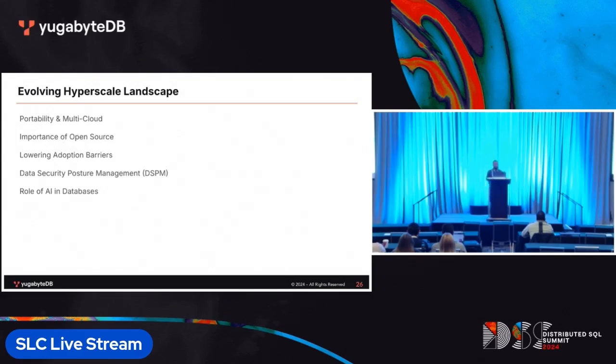All right. Looking into the future, in terms of the hyperscale landscape as it relates to distributed SQL, the first thing I'd like to point out is that infrastructure trends come and go. Definitely cloud's here to stay, but there was a rush to private cloud tens of years ago. There was a rush to public cloud shortly after.